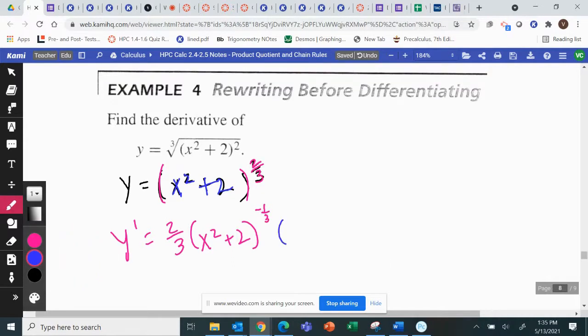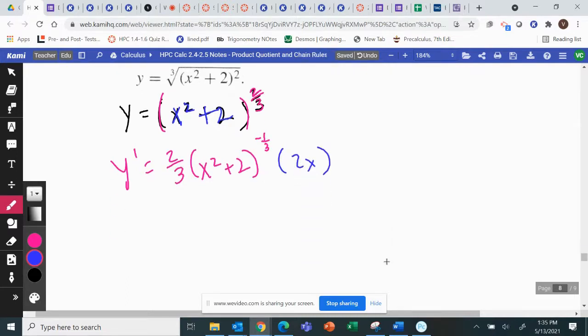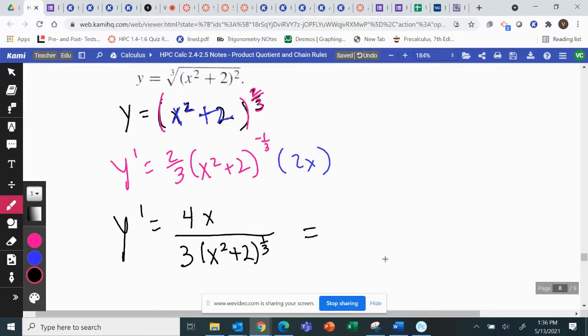Then we multiply that by 2x. So it looks like I'll have a 4x on top, a 3 on the bottom with an x squared plus 2 to the 1/3. And then I'll just go a little bit further. 4x over 3 cube root x squared plus 2.